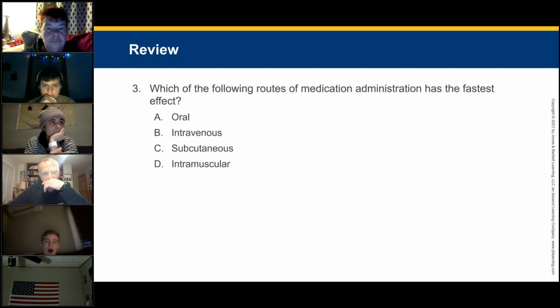Which of the following routes of medication administration has the fastest effect?